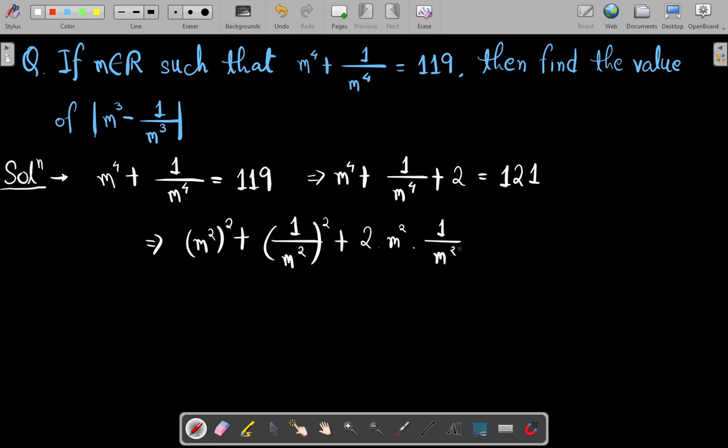So now the left hand side is equal to m square plus 1 upon m square whole square, and the right hand side is also a perfect square, equal to 11 whole square.